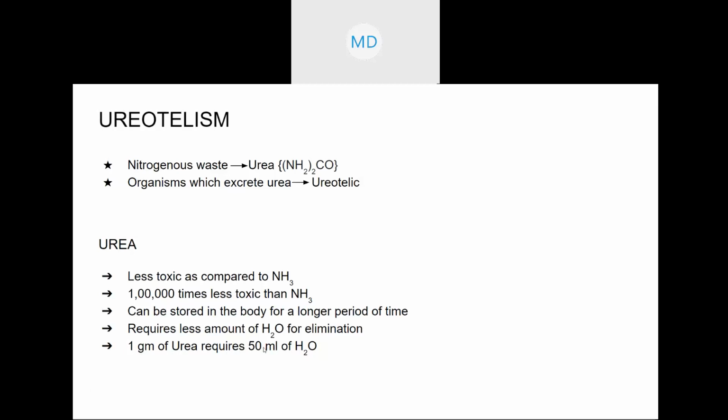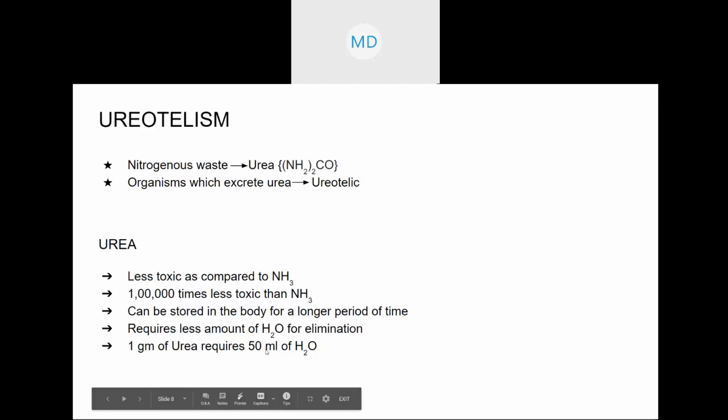We cannot pass all the water away like organisms living in water. Therefore terrestrial organisms have to save water, and for them urea is the best option, because 1 gram of urea only requires 50 ml. 50 ml is far less than 500 ml.